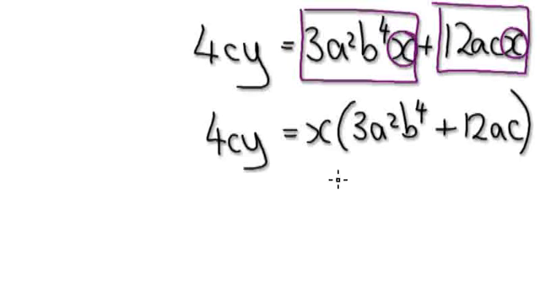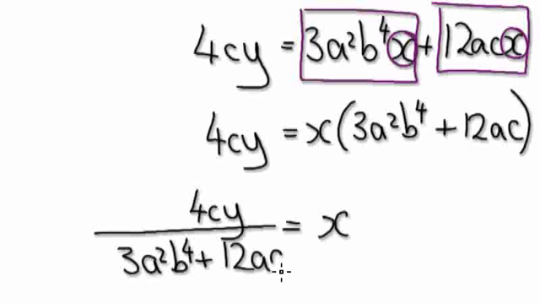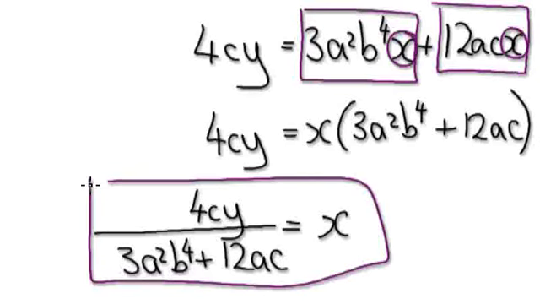Now it's just a matter of dividing both sides by the bubble on the right. So x equals 4cy all over 3a squared b to the power 4 plus 12ac. Okay, so this is now the subject.